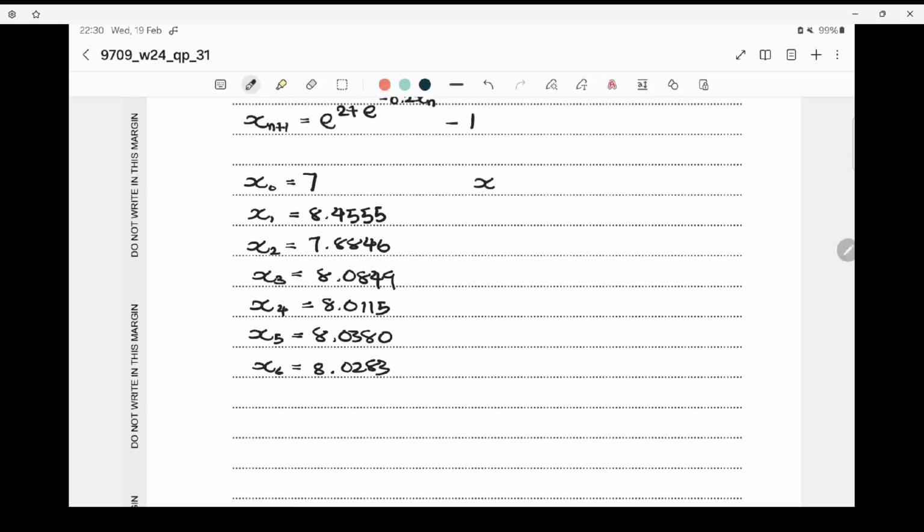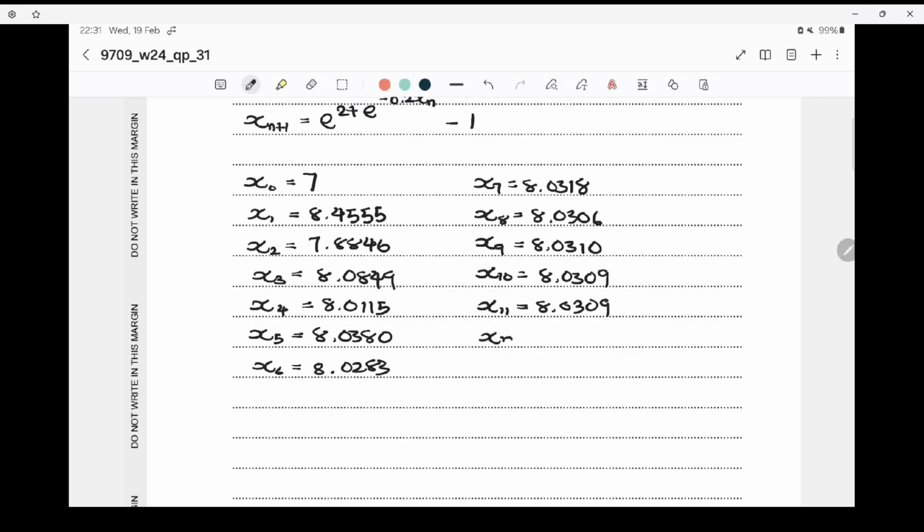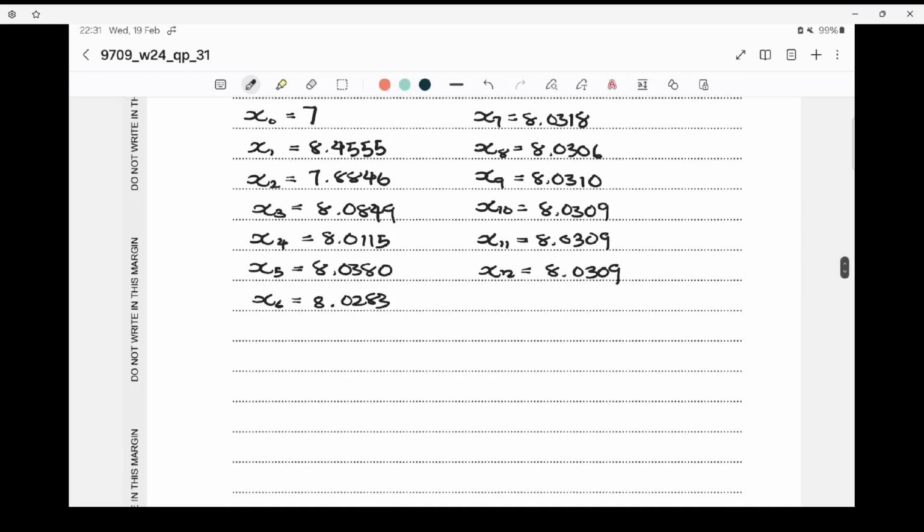So x7, x8, x9, x10, x11, x12. So once you reach 3 terms or 2 terms having the same 4 decimal places, then you can probably stop because the root converges up to 4 decimal places.